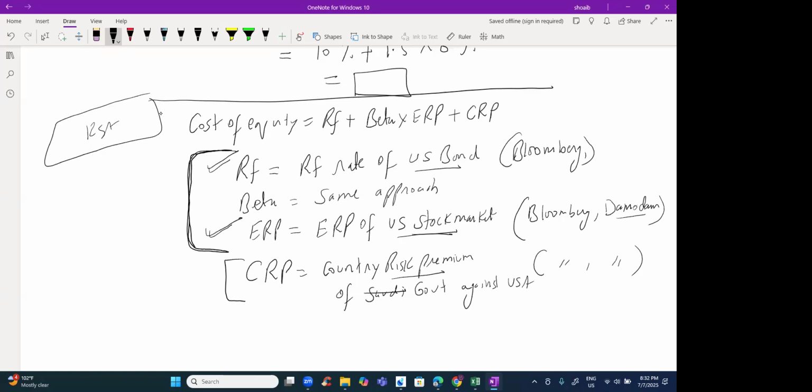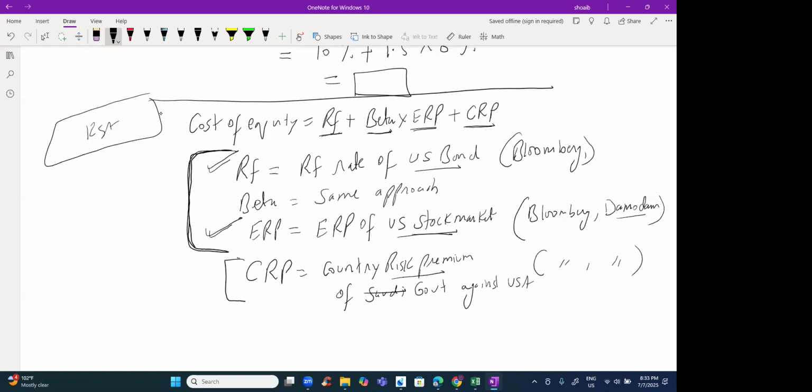So the simplest approach is to take the risk-free rate of the US government, take the equity risk premium of the US market, take the beta of your company, and then add the country risk premium. For example, if your company is in South Africa, take the risk-free rate of the USA, the beta of your company, the equity risk premium of the USA, and the country risk premium of South Africa against the US.